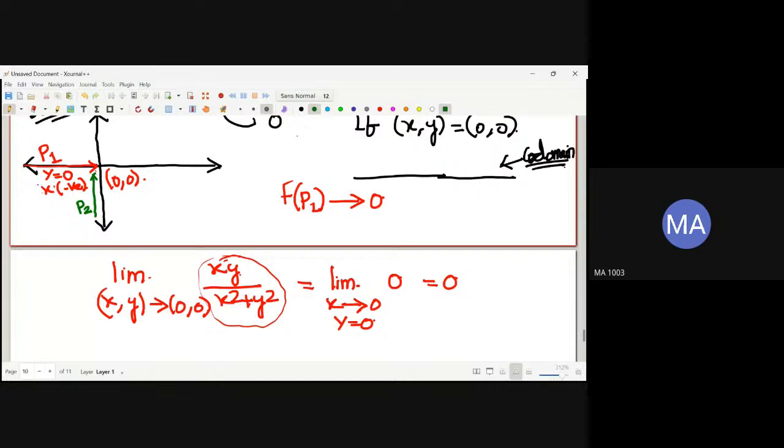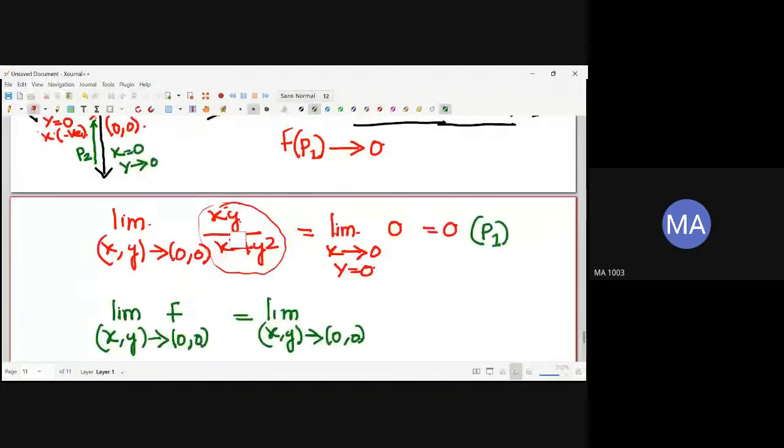By the same logic, with x equal to 0 and y going to 0, I will get 0 in the numerator and 0, so this I am getting using path 2, right?